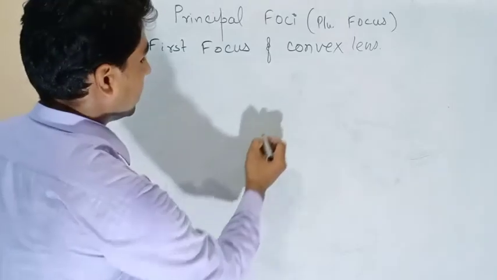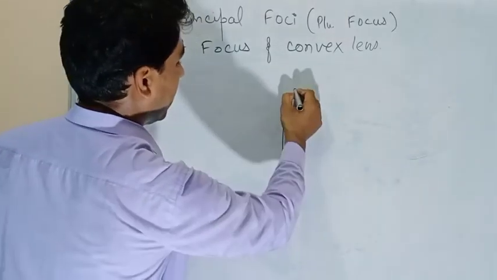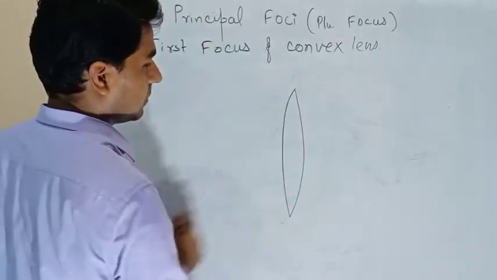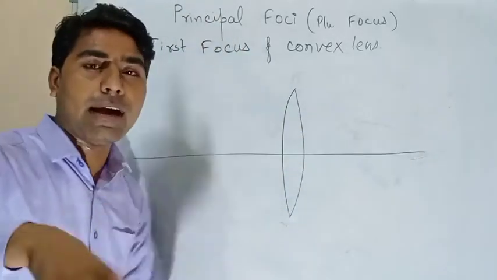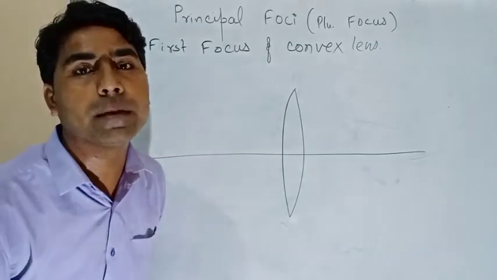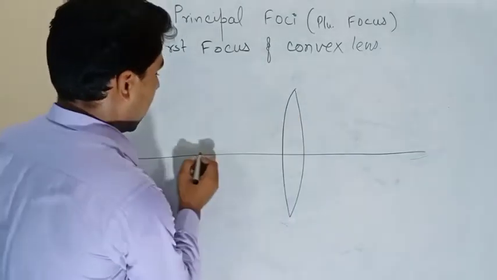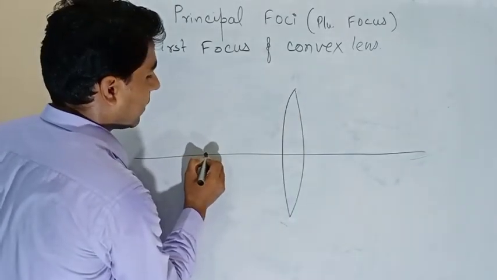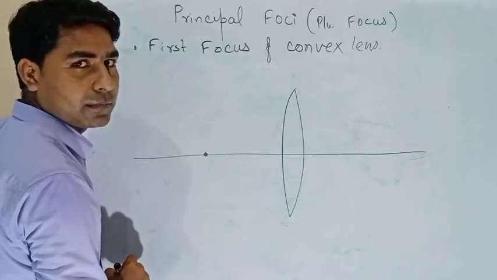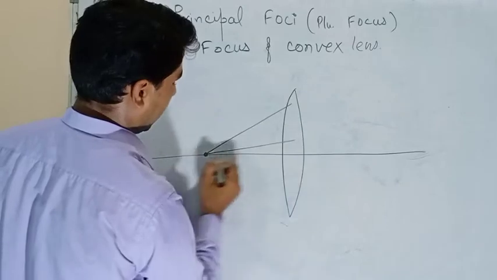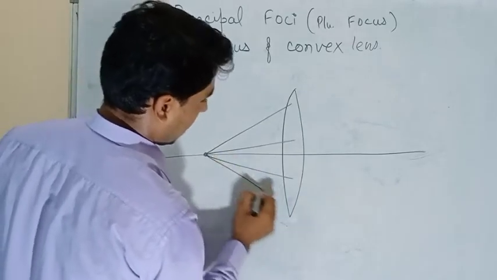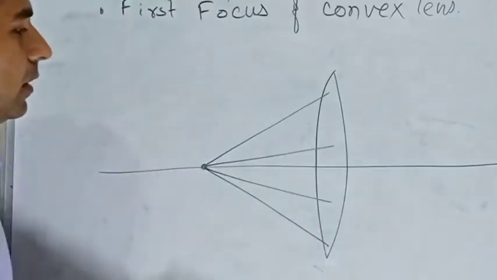What I mean is, see, convex lens, principal axis. I said after refraction all the rays will be parallel. So I am considering here the source of light. Here is the source of light and the rays are going through here, here, here and here.